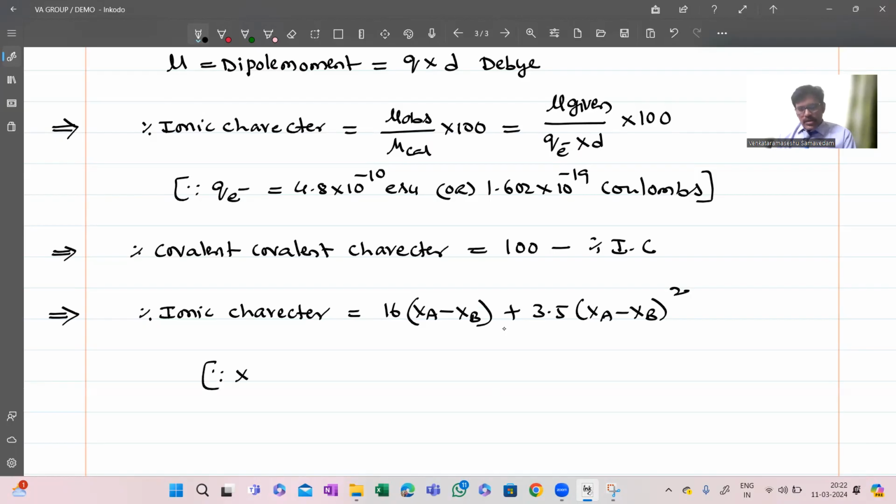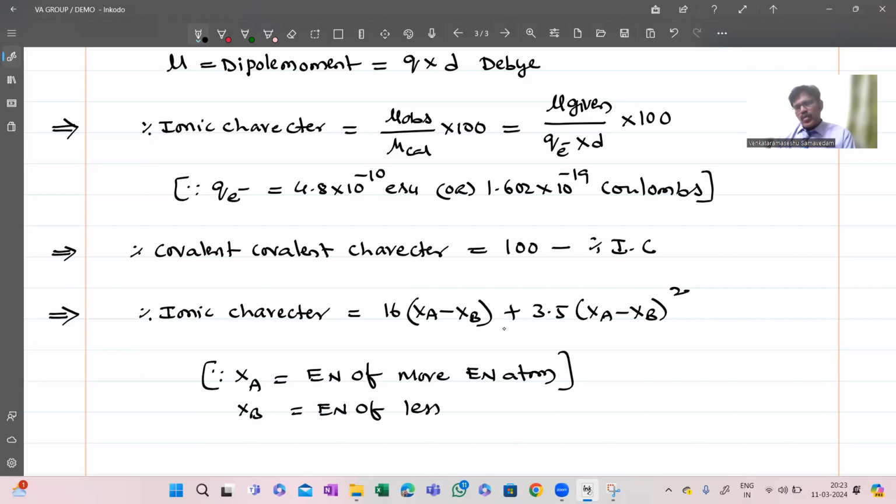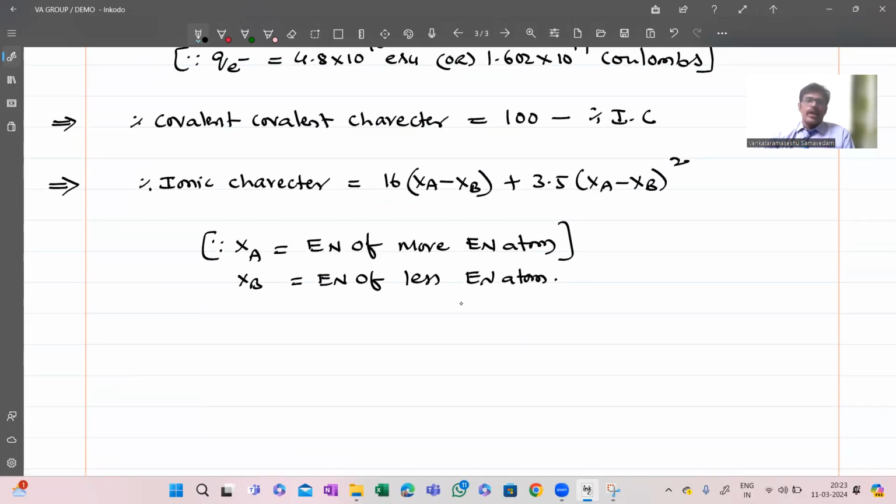Xa is nothing but the electronegativity of the more electronegative atom. Xb is nothing but the electronegativity of the less electronegative atom. If you know both electronegativities, we can easily calculate the percentage of ionic character.